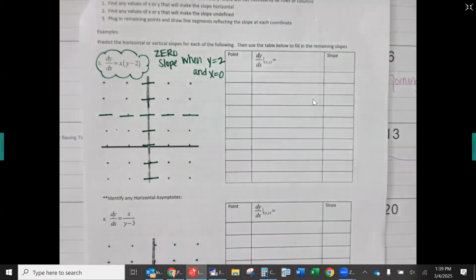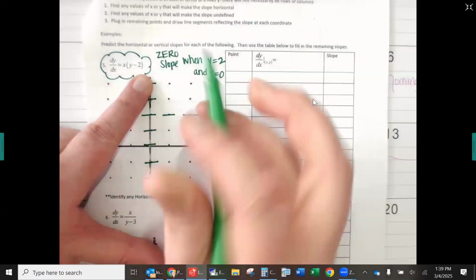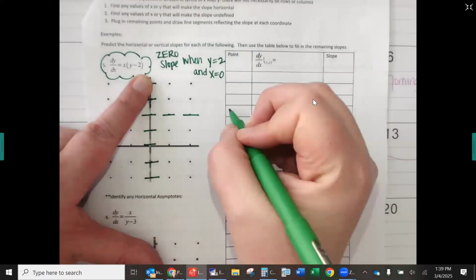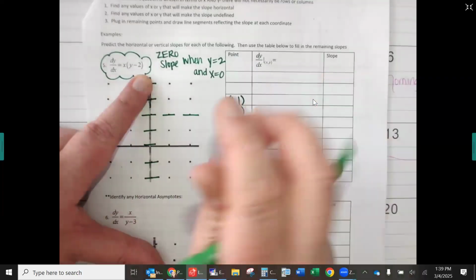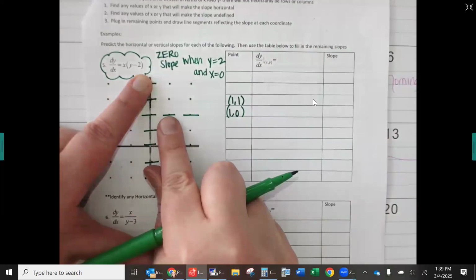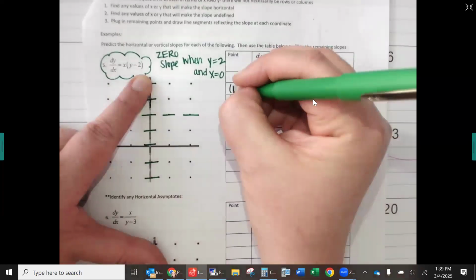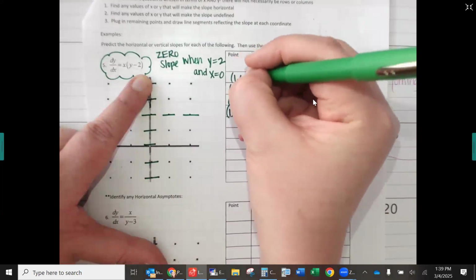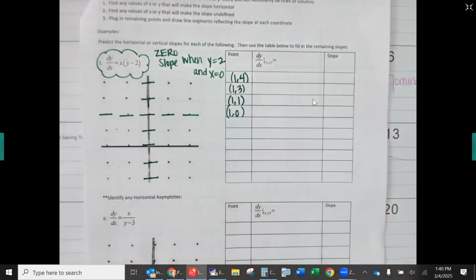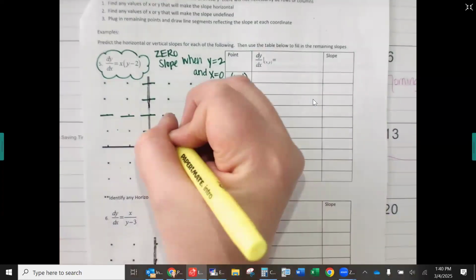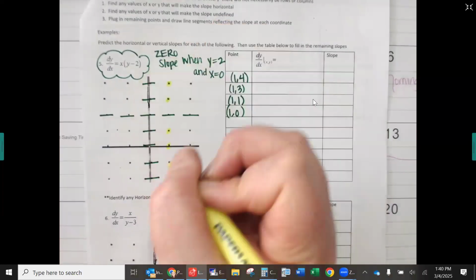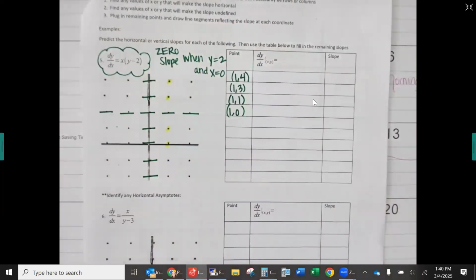Out of the points that are left, I want you to start with our 1s. So this is 1, 0, 1, 1. I'm going to skip 1, 2 because I already know it's flat. And then 1, 3, and 1, 4. So the points that I've just written down are this one, this one, this one, this one, the 4 points in yellow.